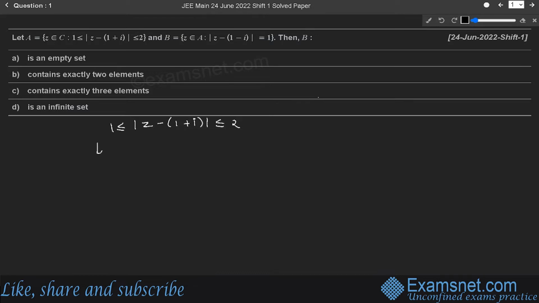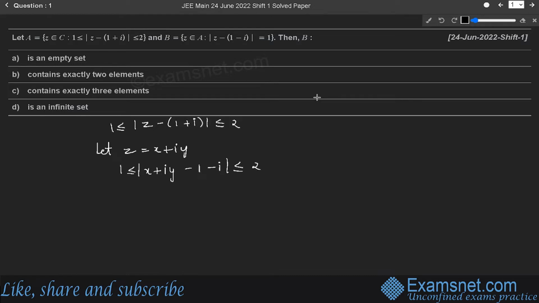For this given question, let Z = X + iY. On substituting the value in the given expression for A, we get modulus of X + iY minus 1 minus i lies between 1 and 2.